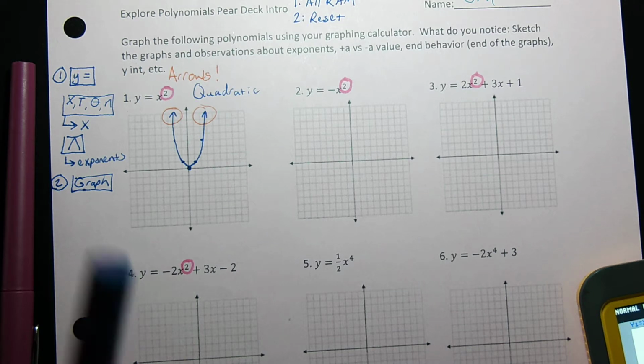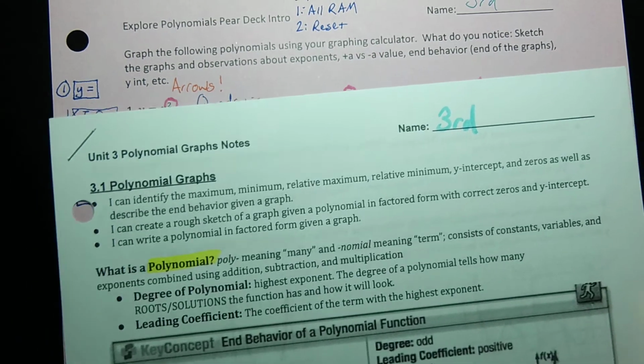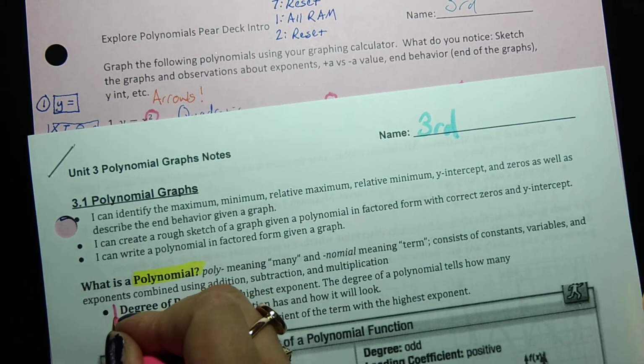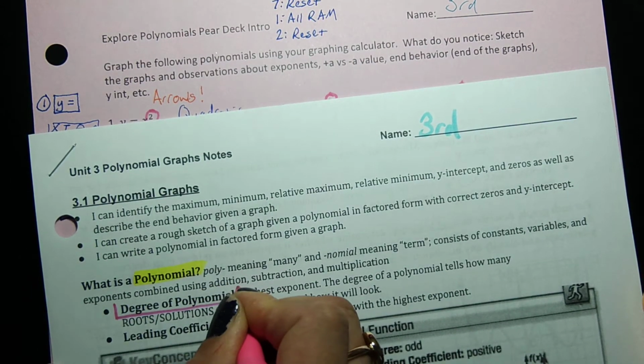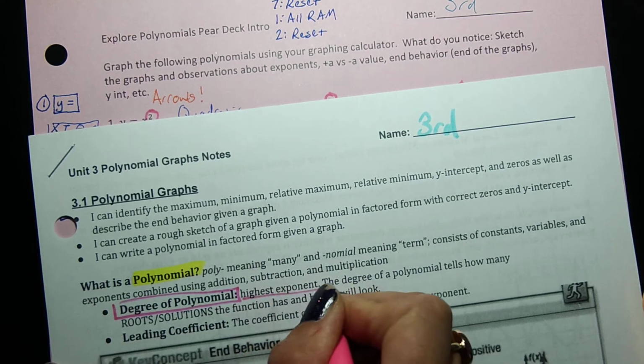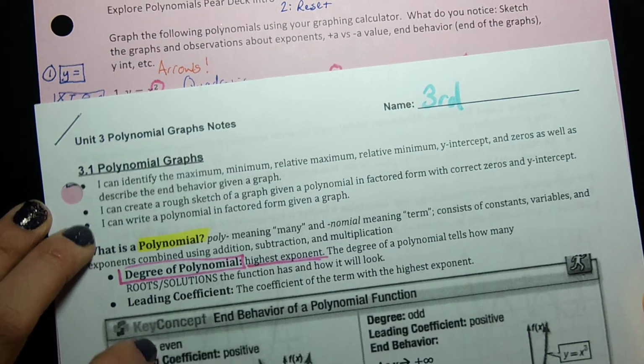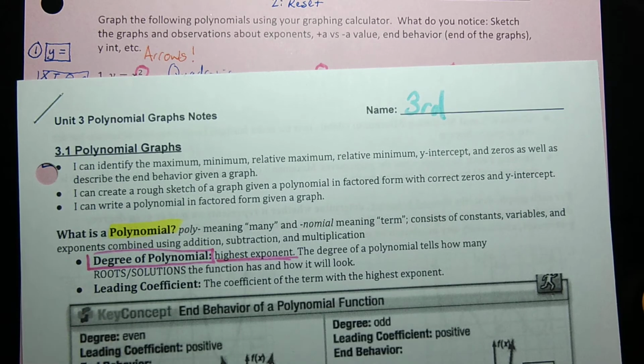Going back to the notes for a moment, we call that little exponent the degree of the polynomial. The degree is the highest exponent. So that parent quadratic would have a degree of 2.